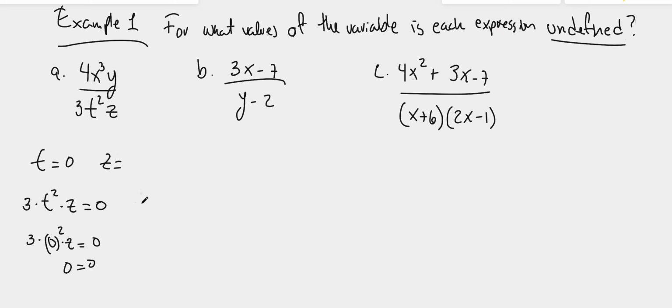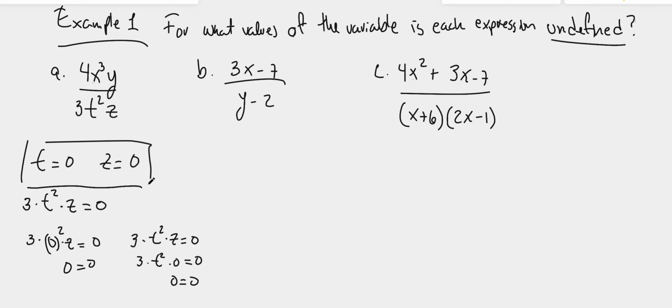What value will z have to be in order that the denominator is also equal to 0? If I make z equal to 0, then the whole thing will also be equal to 0, because 3 times t to the power of 2 times 0, anything times 0, is 0.